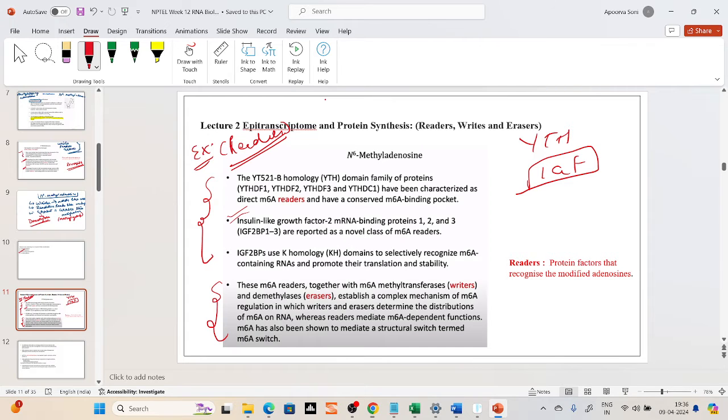The distribution of this modification on RNA is controlled by writers and erasers, because the writer will write the modification and the eraser will erase it. So where it is present in the whole RNA is decided by writers and erasers. And the m6A dependent function is mediated by readers. So the biological relevance of this modification is attributed to readers, whereas the places where it is present are determined by writers and erasers. Is this clear to everybody?